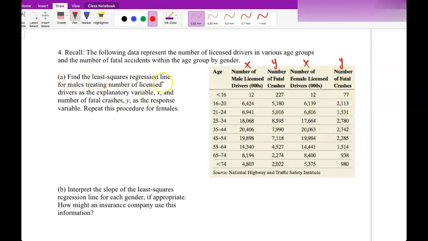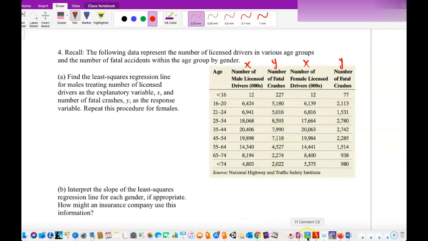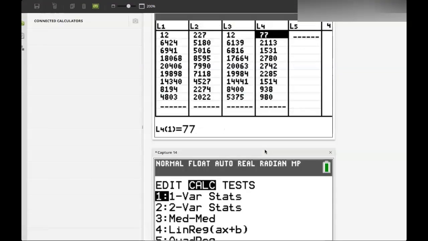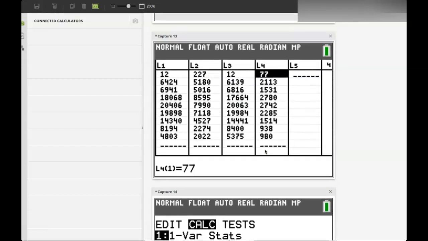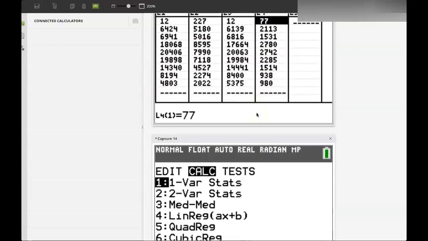Find the least squares regression line for each group, for males and females. So we need to enter all this data into the TI-84. So these are our data. I entered L1, L2 for males and L3, L4 for females.